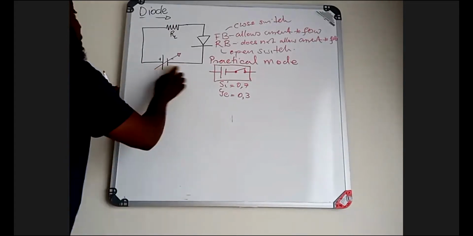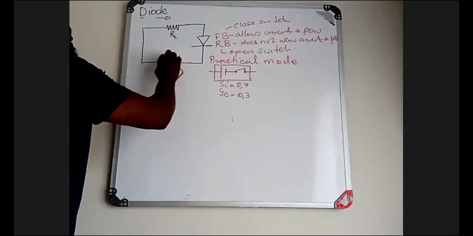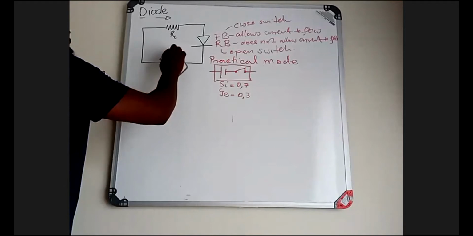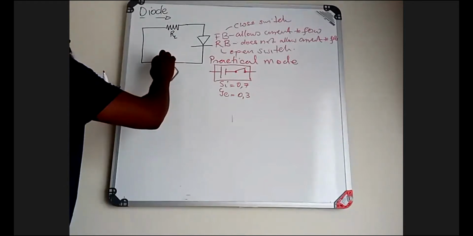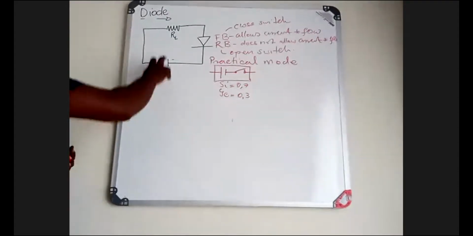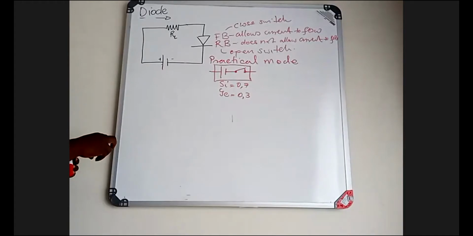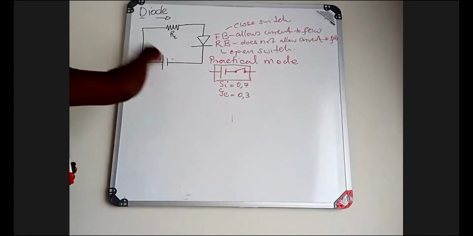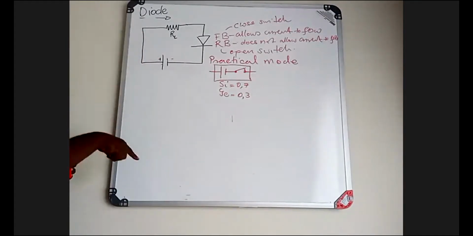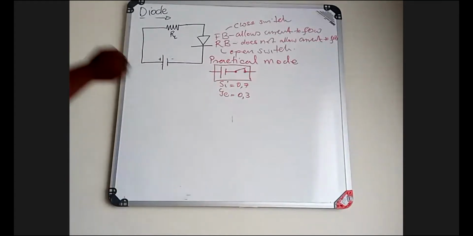For me to be able to see how this component is going to react within the current flow, I will say the switching voltage is 0.7, which means I must make sure that my input voltage is high enough to energize the flow of current, whereby it will force this component to move from a reverse bias state into a forward bias state.